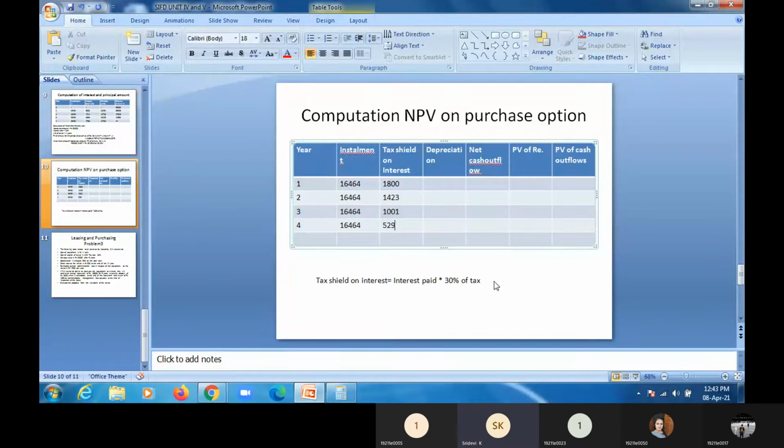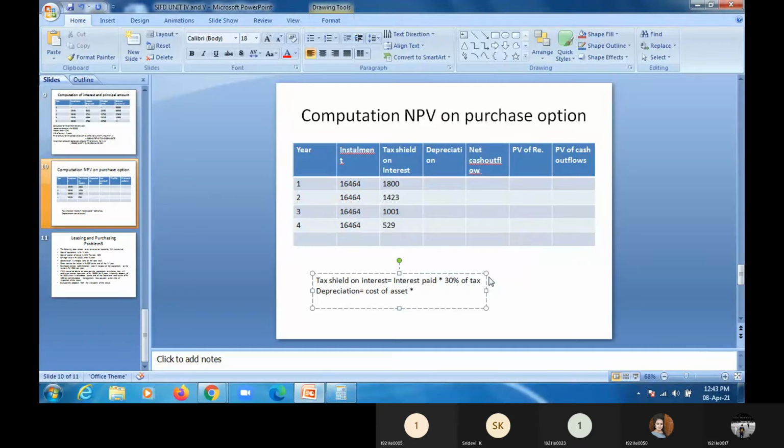Okay. So now we need to calculate the depreciation. We got the interest shield, you know. So next comes the depreciation. How much depreciation do we get here? 50,000 is the cost of capital, no? Cost of asset into percentage of depreciation. Percentage of depreciation is given here.